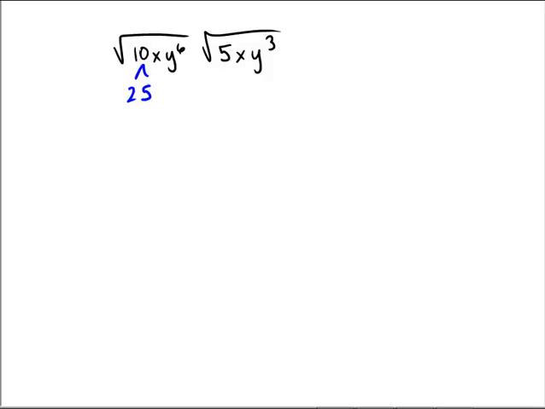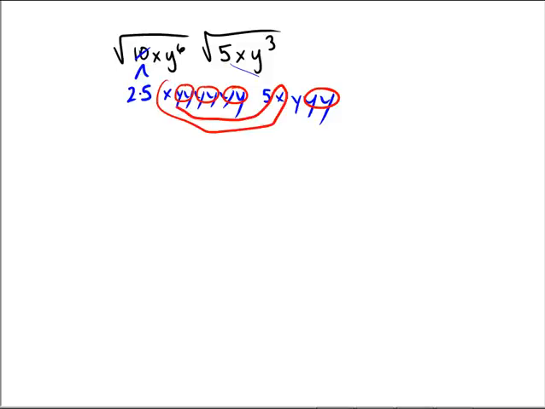2 and 5 is 10, x and y 6 times. Over here we have 5x y. So match up to find our pairs. Pair of y's, pair of y's, pair of y's, pair of y's.